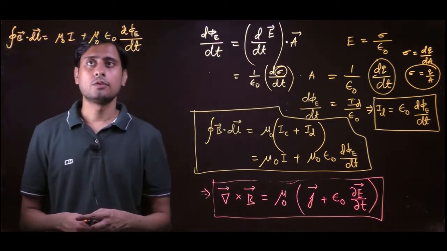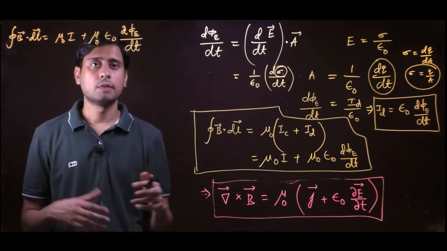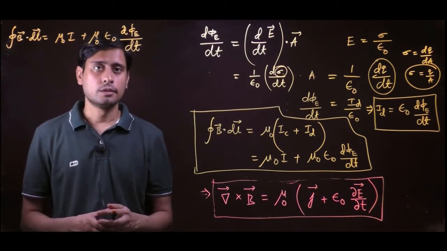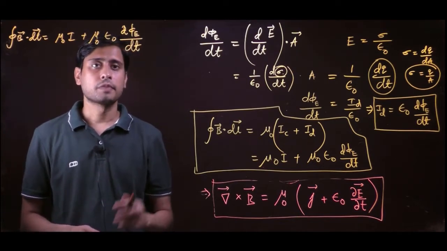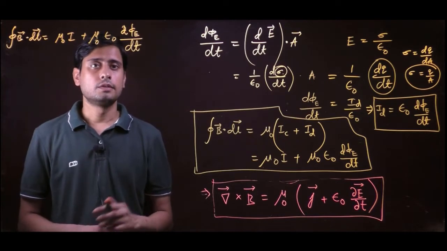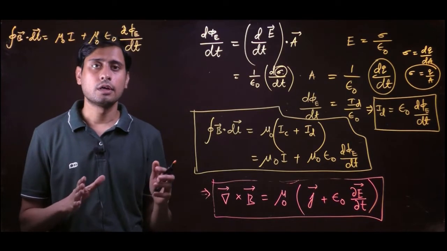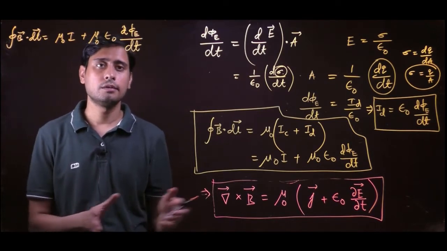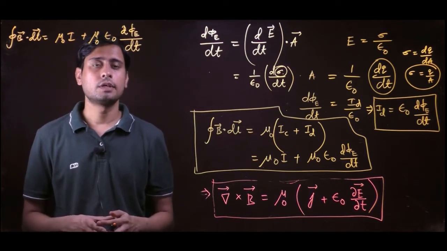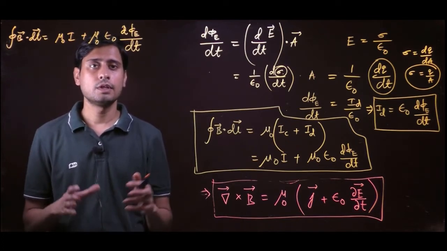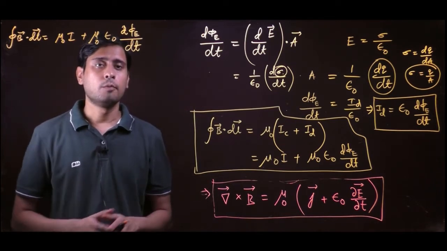This is what was missing in Ampere's law, which Maxwell modified, saying that not only current is responsible for the production of magnetic field, rather the changing electric field can also produce magnetic field. There is no current present in any space, but just by changing the electric fields we can produce magnetic field. So this was the new thing introduced after Ampere's circuital law.